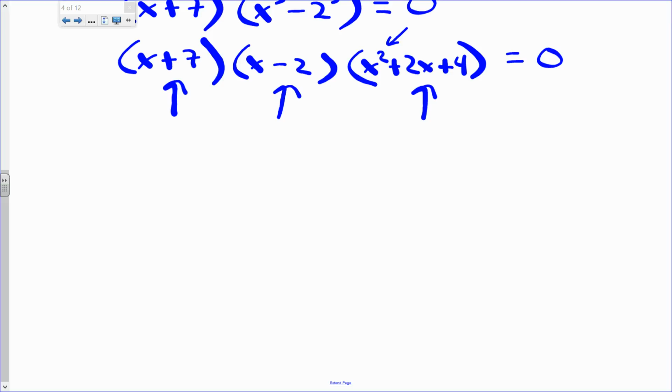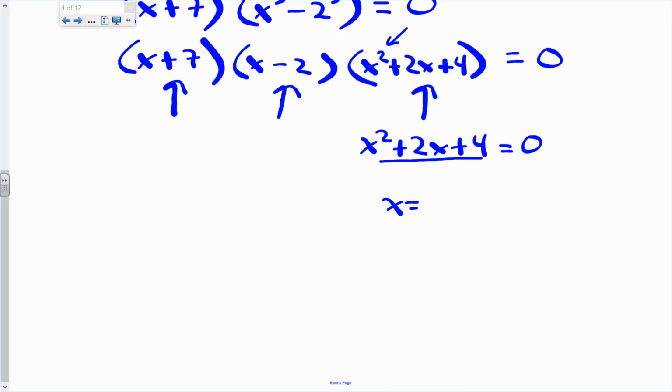And I taught you the quadratic formula yesterday. So what we're going to do here is set this trinomial equal to 0: x squared plus 2x plus 4 equals 0. And we're going to use the quadratic formula because it just so happens that I cannot factor this trinomial. So we'll have to use the quadratic formula.